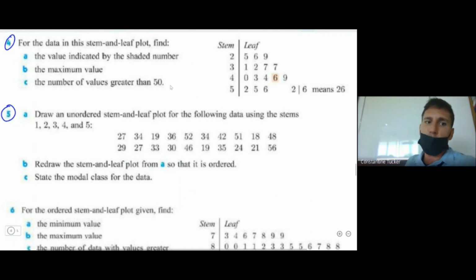So what value is indicated by the shaded number? Is it just 6? Excellent, it's 46. How do we know? Well, they've given us the key down here. The key explains that 2 bar 6 means 26.